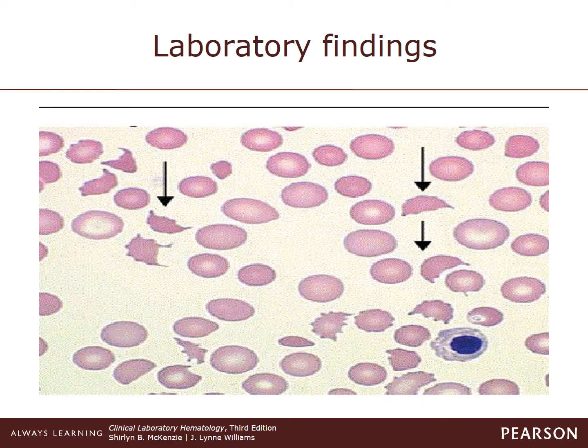You might see protein in the urine, as well as pyuria or cells. You might have protein casts in your urine as well. Coagulation results, your PT and PTT are usually normal. So this will help you determine between HUS and another type of microangiopathic hemolytic anemia.